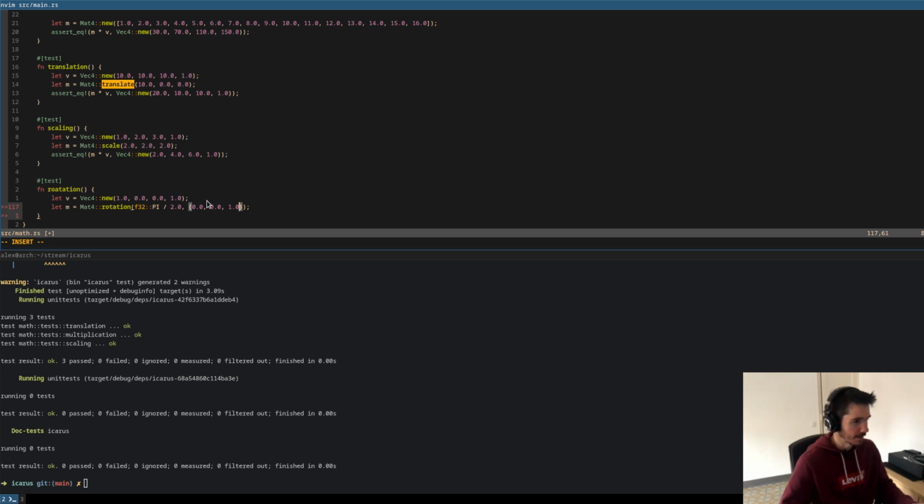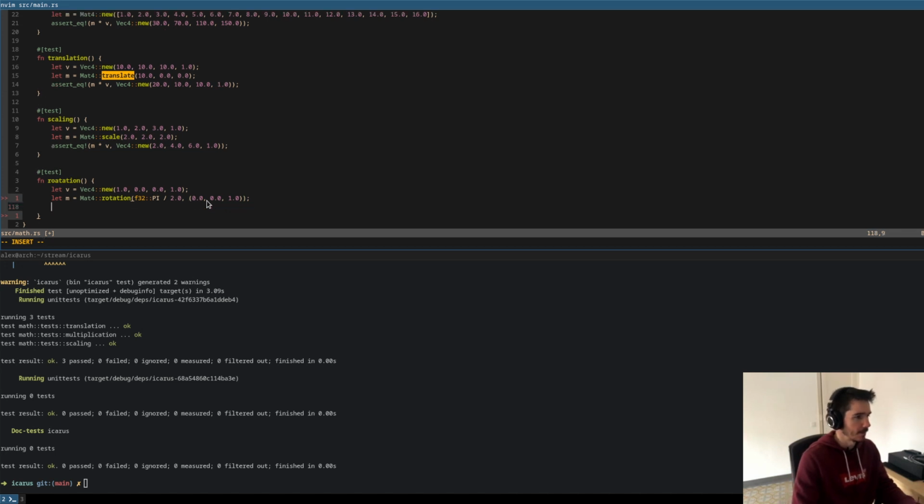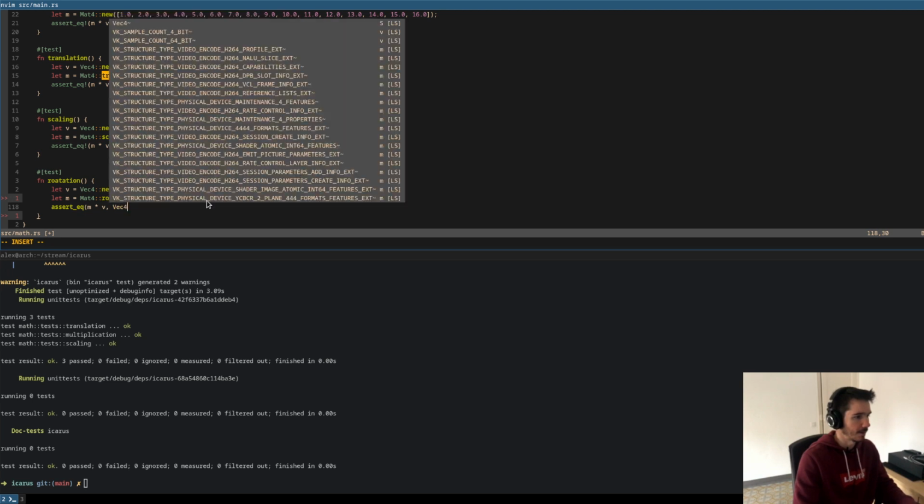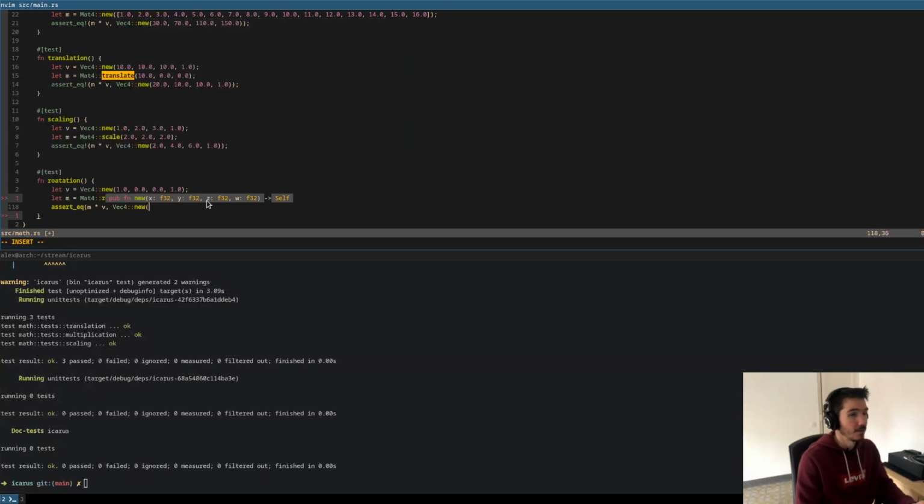Let's see what we get with 0, 0, 1. Then assert equals m times v is equal to a vector, which instead of looking to the right looks up in the y direction.